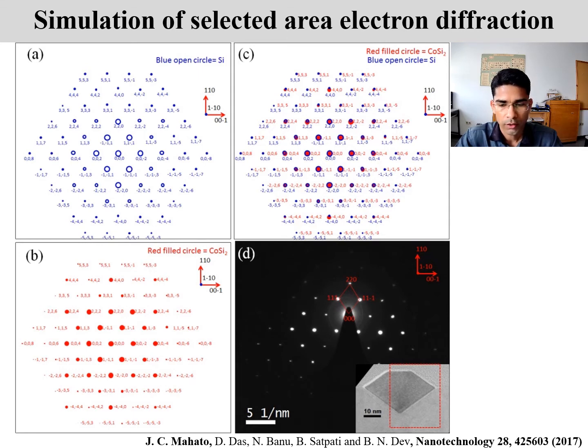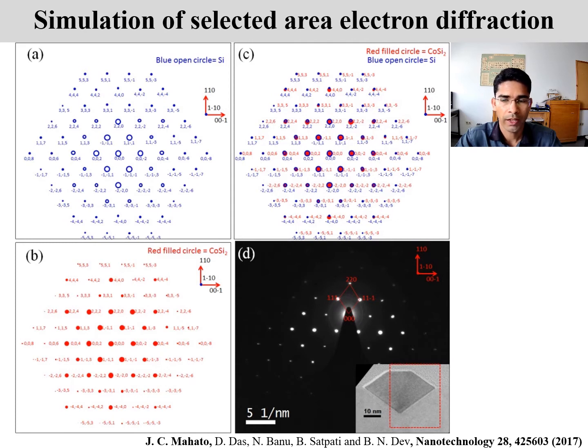To simulate this diffraction pattern, we simulated the silicon diffraction pattern from the 110 zone axis and for cobalt disilicide. When we superimpose these two diffraction patterns from silicon and cobalt disilicide from the same zone axis one on top of the other, we observe that the diffraction patterns fall exactly on top of each other.